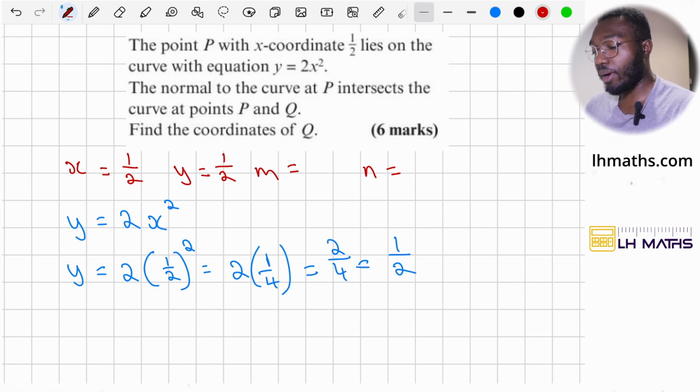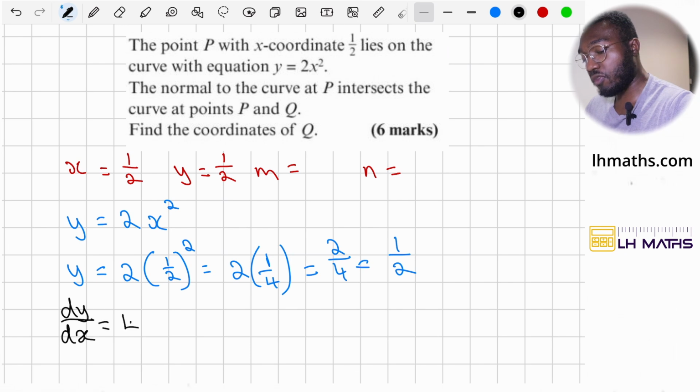Then we need to work out our m value now. To get our gradient, we need to differentiate and then plug in our x value. So dy over dx of 2x squared is simply going to be 4x.